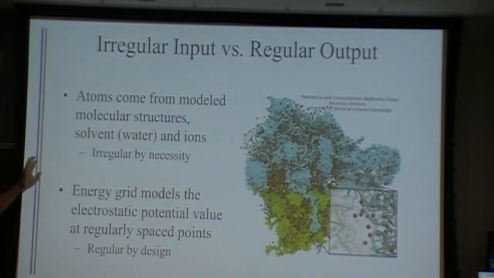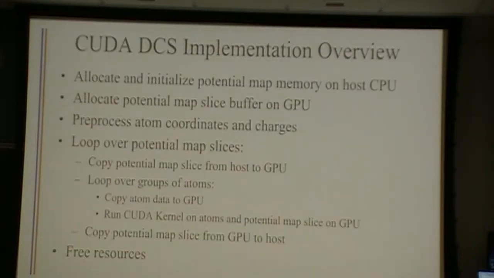But the atoms come from modeled molecular structures that don't necessarily have a regular pattern. Their atoms are placed there for reasons that we maybe don't entirely understand, or that's why we're doing this. So it's a constraint on our problem that the inputs are random.